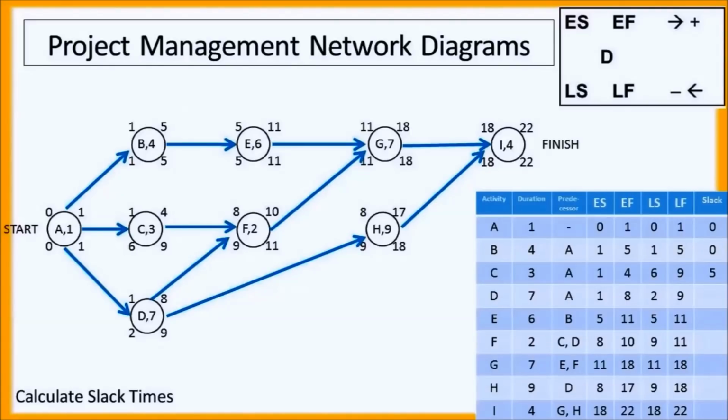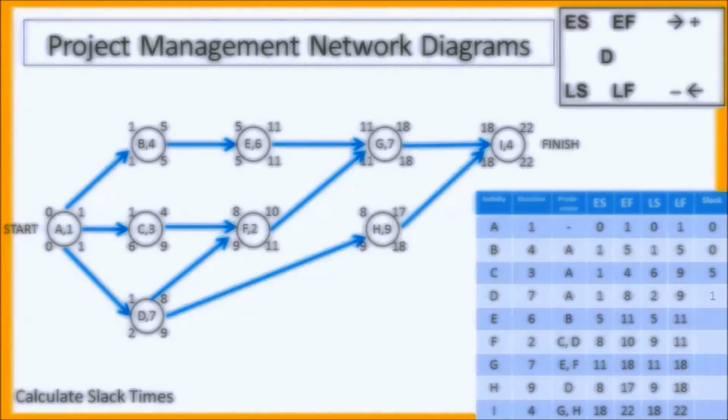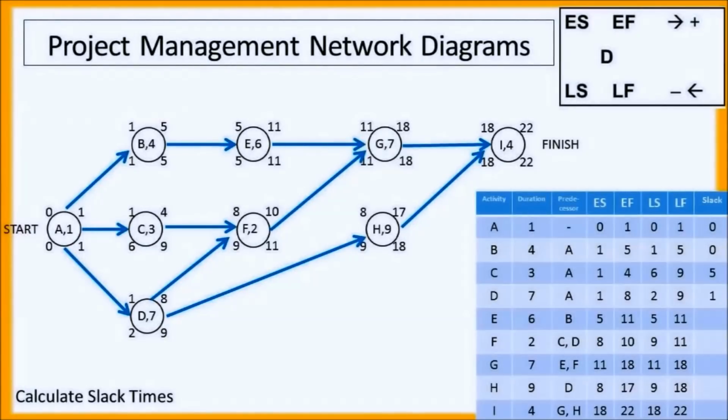We have that much extra time here with task C. Again, taking the late finish minus the early finish times and the late start minus the early start times. 9 minus 8 is 1. 2 minus 1 is 1. Task D has a slack of 1.